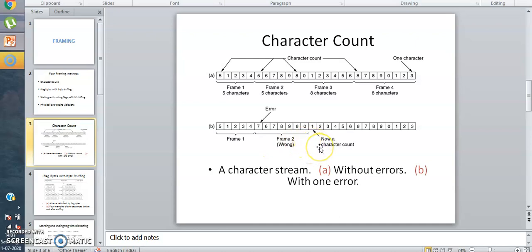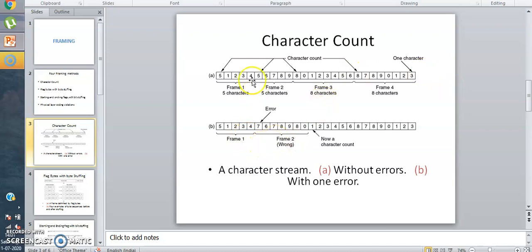Sending a frame back to the source asking for a retransmission does not help, since the destination does not know how many characters to skip over to get to the start of the retransmission. For this reason, the character count method is rarely used anymore.